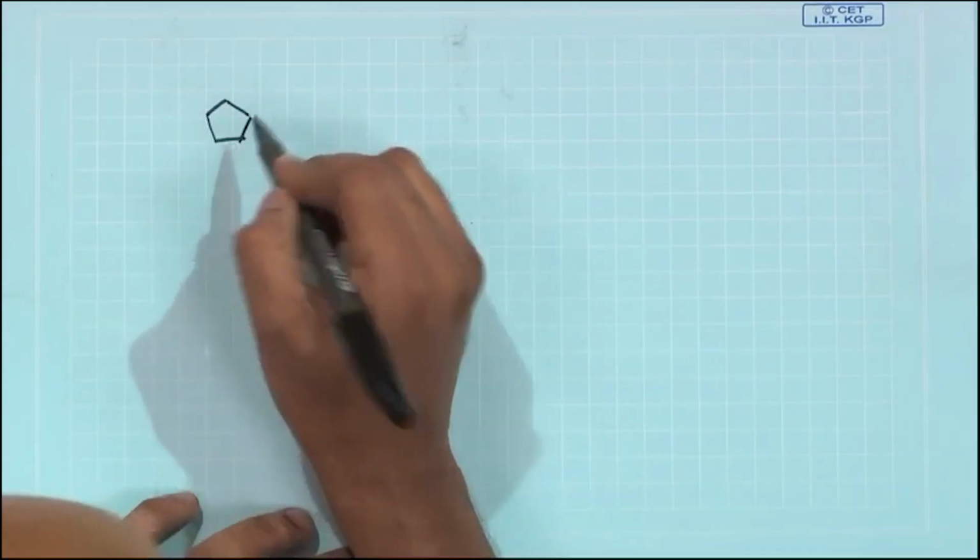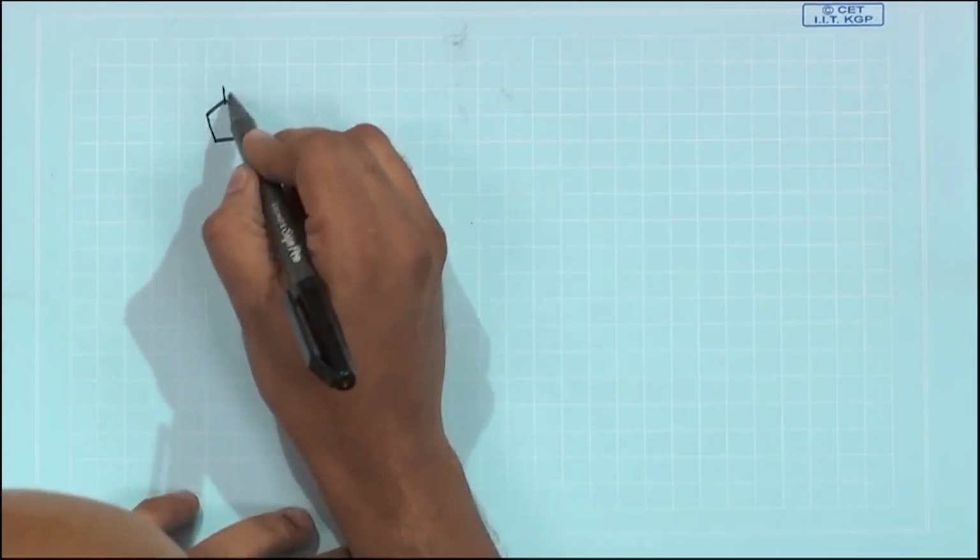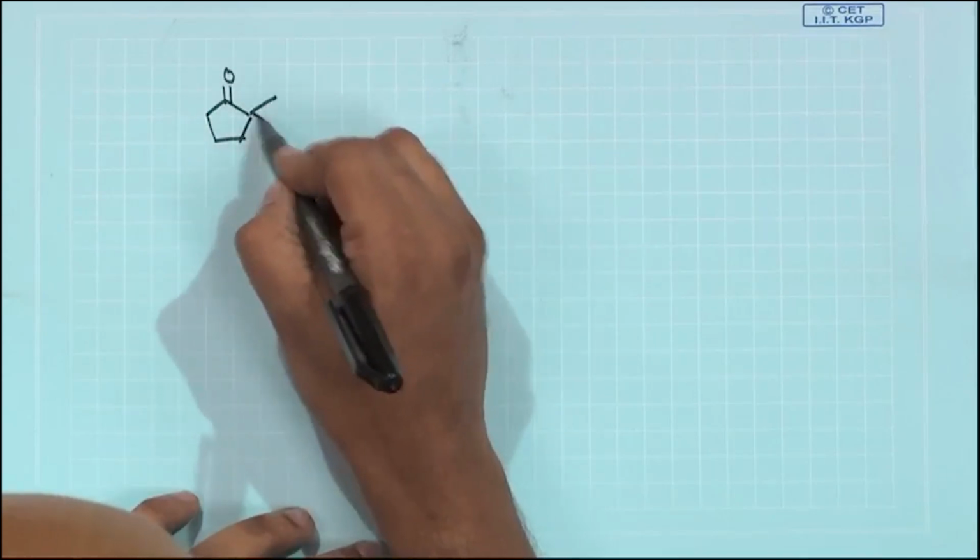So, welcome back students. We are discussing disymmetrization as a useful strategy, and now I will give you a target molecule, which is a natural product.